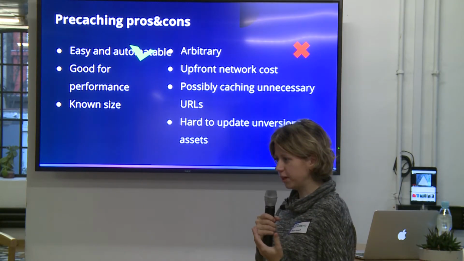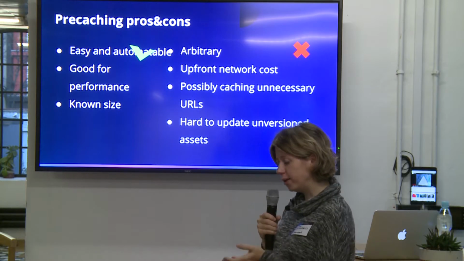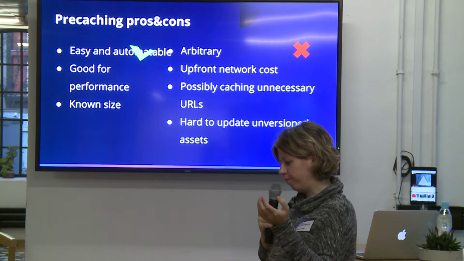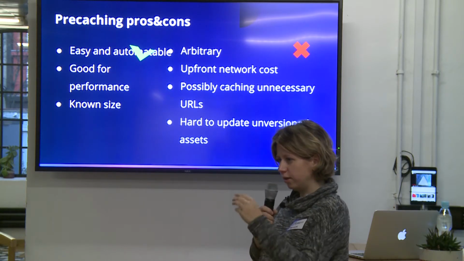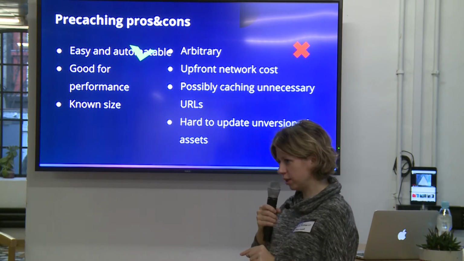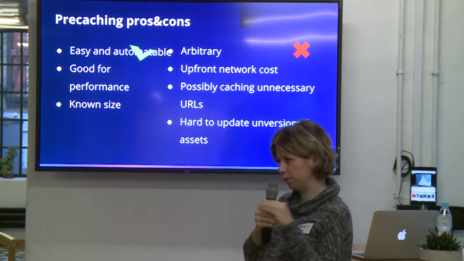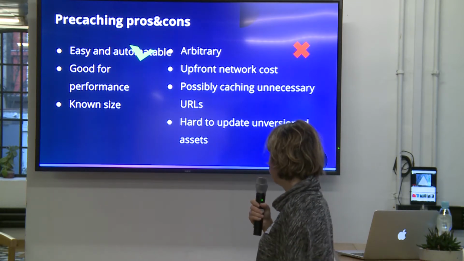So you should not precache too much stuff, or wait with the precache, for example, till after the DOM content loaded fires, so that these requests are not competing with the requests that are needed right now. Like the future requests don't compete with the current requests that you have on the page.